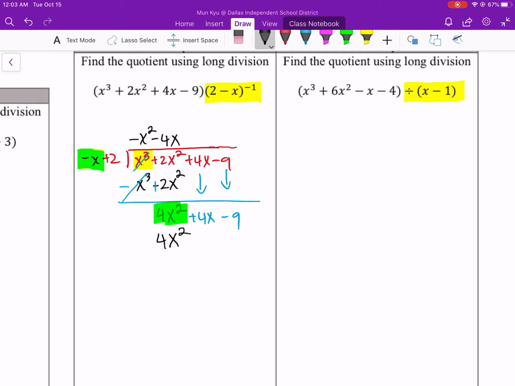And negative 4x times positive 2 will become negative 8x. But what's the problem here? If we subtract this, the sign is going to be changed here. This is going to be negative. So negative 4x squared, this one disappears. 4x plus 8x will become 12x. Again, we bring it down here.